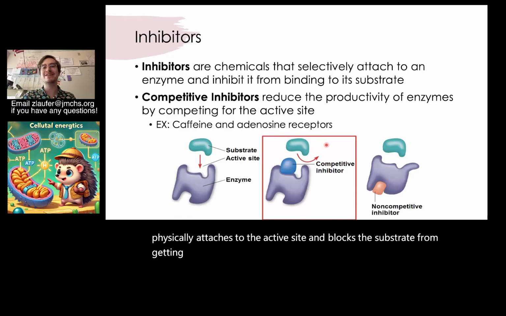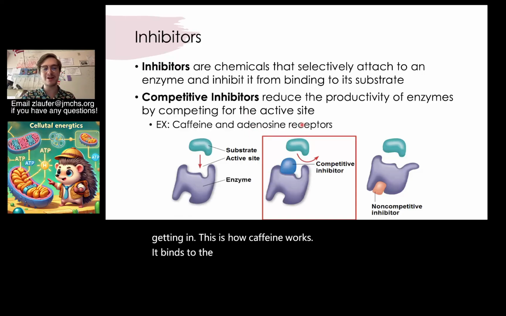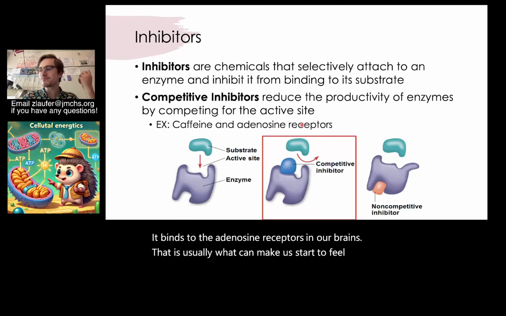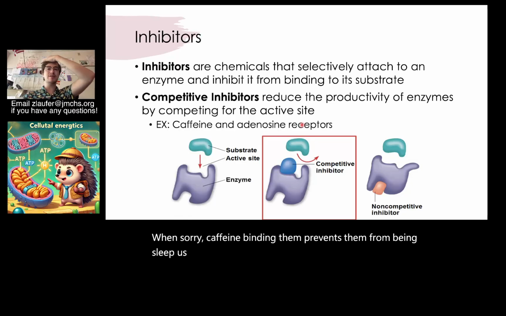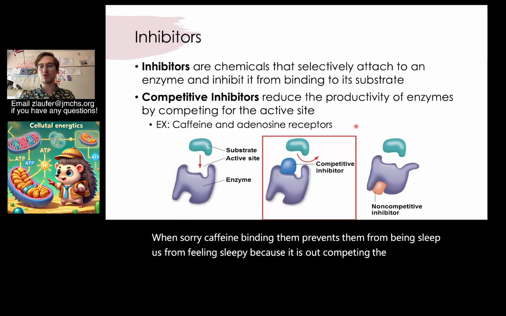This is how caffeine works. It binds to the adenosine receptors in our brains, which is usually what can make us start to feel sleepy. Caffeine binding them prevents them from feeling sleepy because it is out-competing the sleepiness molecule.